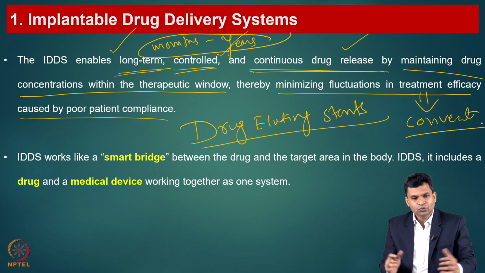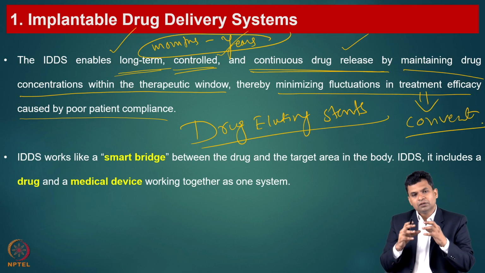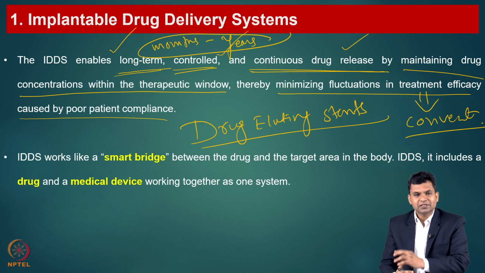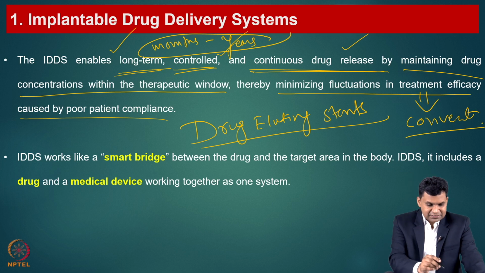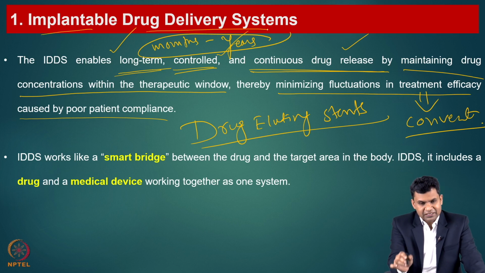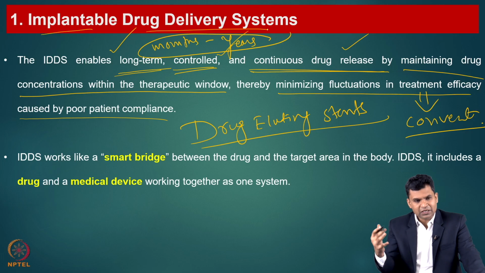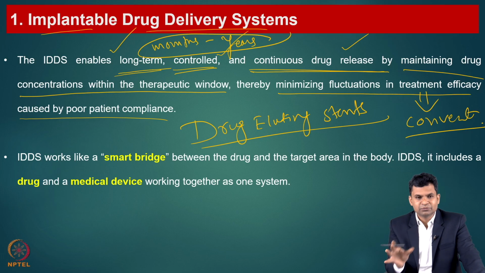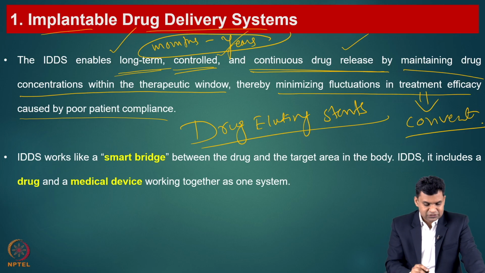So, here we load our drug or encapsulate the drug into the implants, which are called implantable drug delivery systems, and which also come in the category of devices and inserts. These are interchangeable words which we will use: inserts, implants, or device.